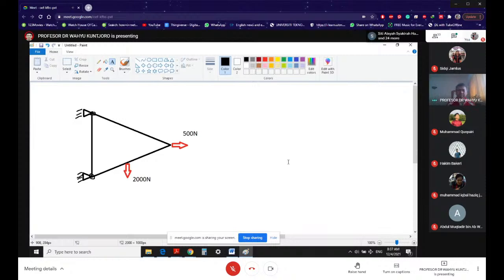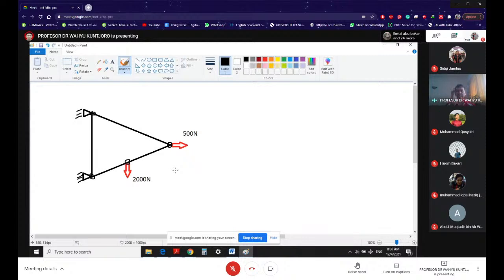So number one, when you see an applied force, then you must have a node over there. So that's what I'm going to do now. I'm going to have the node over here and over here. The reason is because we have applied force over there.